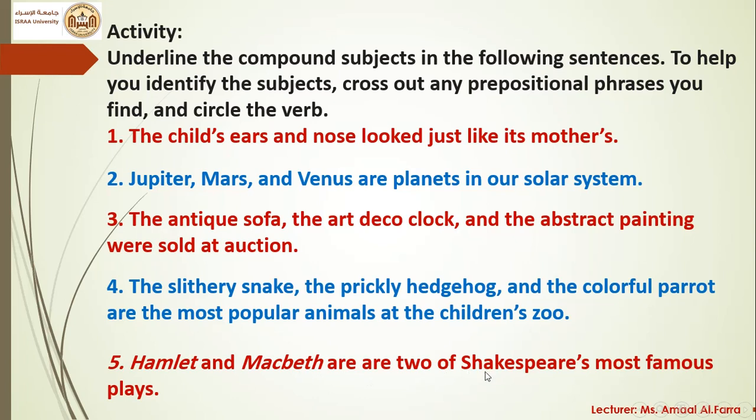So, again, what are you going to do in this activity? You are going to underline the compound subjects, which are connected by a connective like and, either or, neither nor. Then you are going to circle the verb and cross out the prepositional phrases. Your answers will be discussed when we meet.